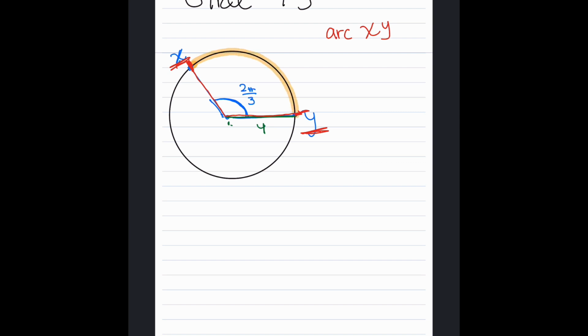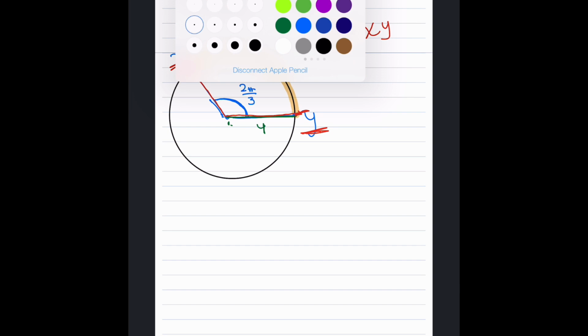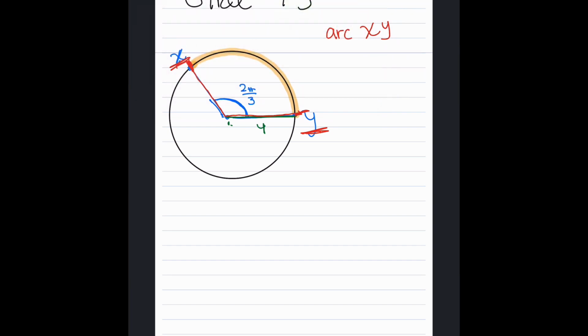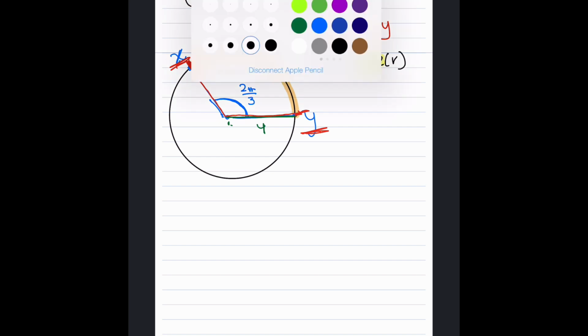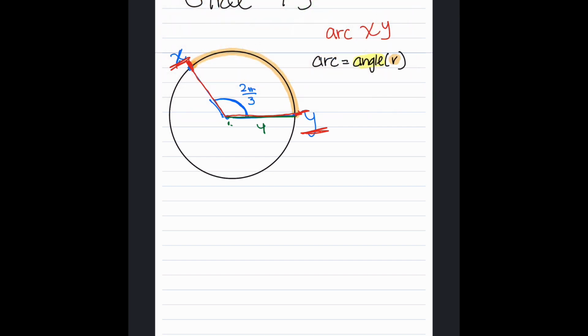So I want to find that value. So I do have my arc formula. Again, write this down if you do not have it. The arc is equal to the angle times the radius. And then you just plug in your values. So if you want, go ahead and try this on your own. Plug in the angle. What's the angle? And plug in the radius. What is that radius?